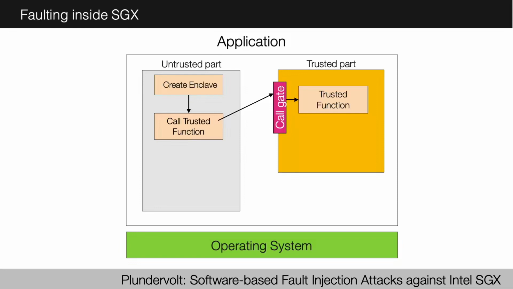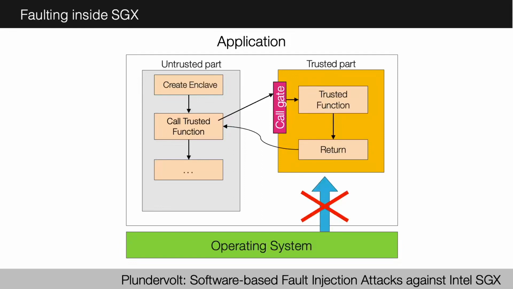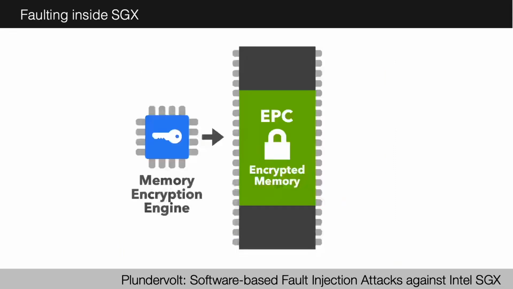The trusted portion will run, and when it returns, it will return to untrusted code. And the important part here is that the operating system has no direct access to this trusted part. It should protect against attacks, even from an attacker who has root.